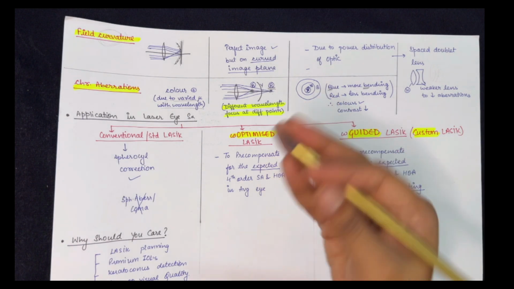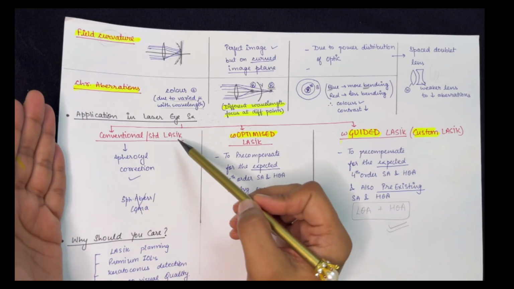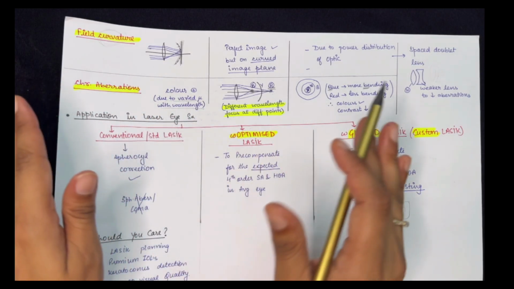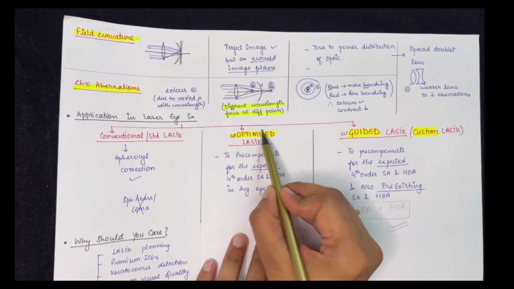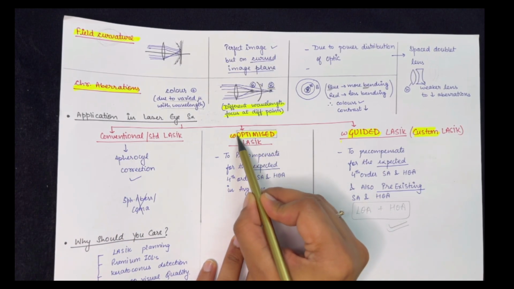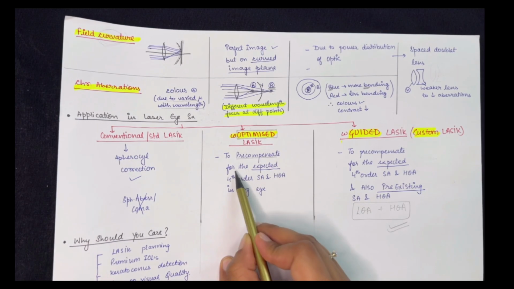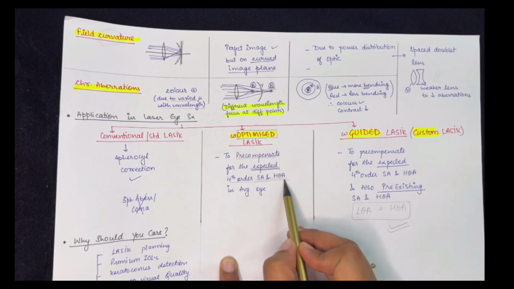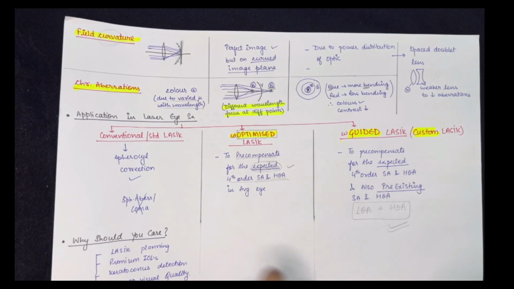Okay, now what is the application in laser eye surgery? Now in conventional or standard LASIK, only spherocylinder correction is there. There is no higher order aberration correction. But in optimized LASIK, optimized में you pre-compensate for the expected fourth order spherical और higher order aberrations. तो जो expect कर रहे हो उसको आप ठीक कर देते हो.